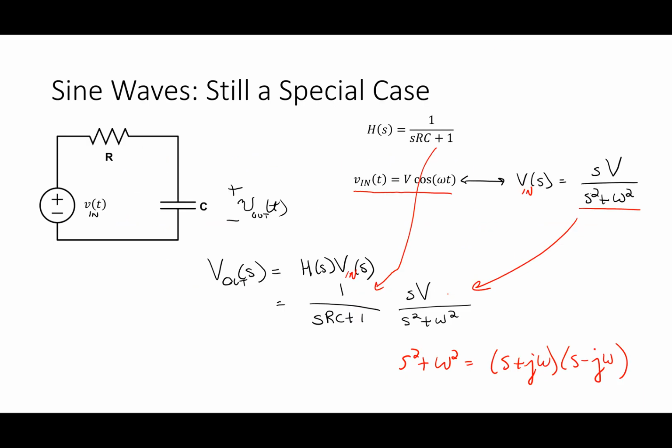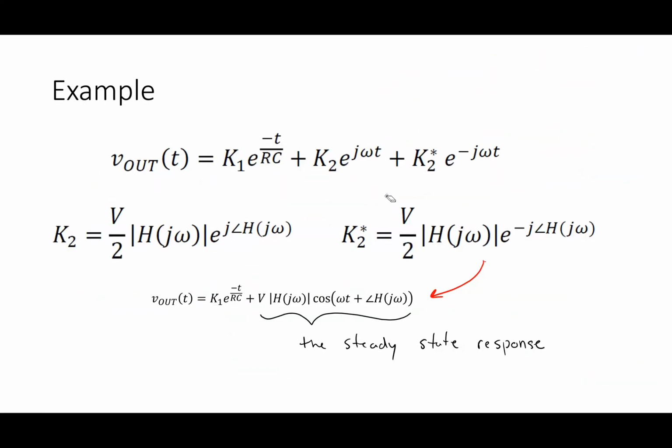So what I said was I put in a cosine input. That cosine input had a particular amplitude, and the output is also a cosine, and it has the same frequency. What's true about its angle and what's true about its magnitude? Changed, right?